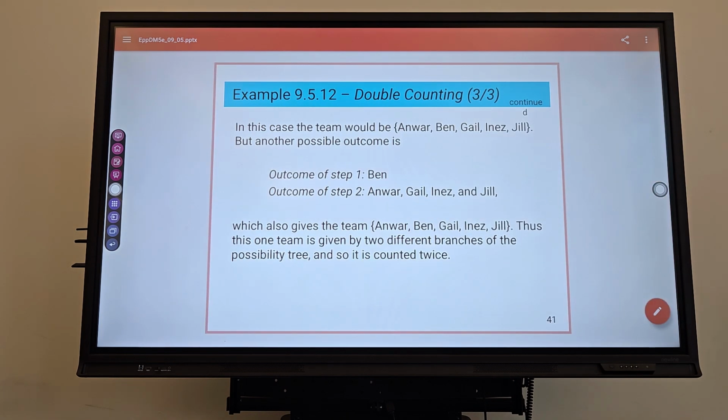But another possible outcome is Ben for step 1 and Anwar, Gail, Inez, and Jill for step 2, which gives the same team as before. Thus, this one team is given by two different branches of the possibility tree, so it is counted twice. So be careful how you count.